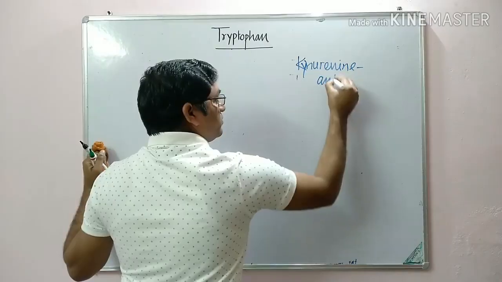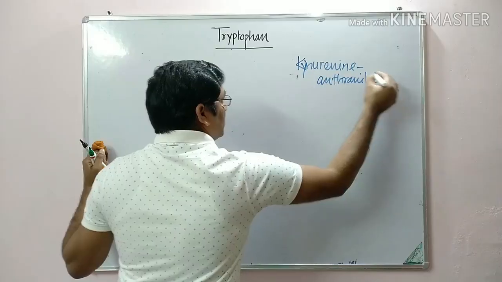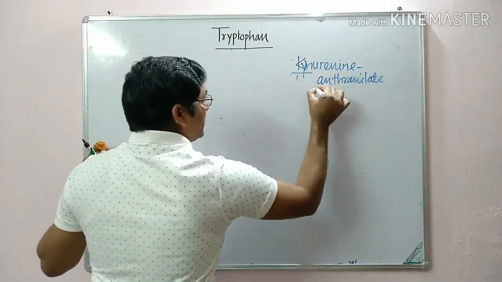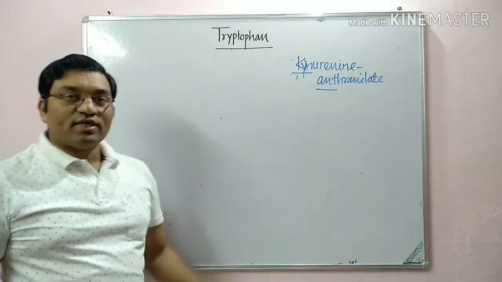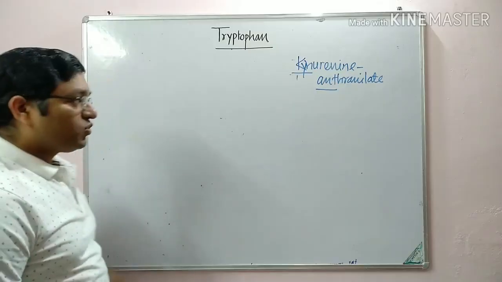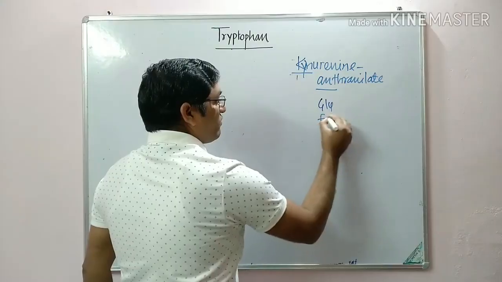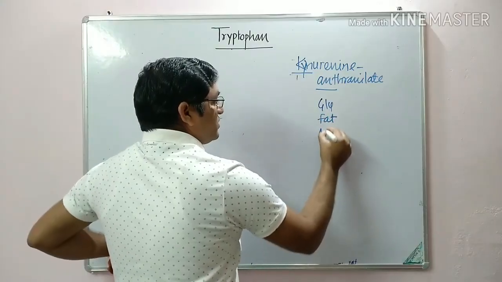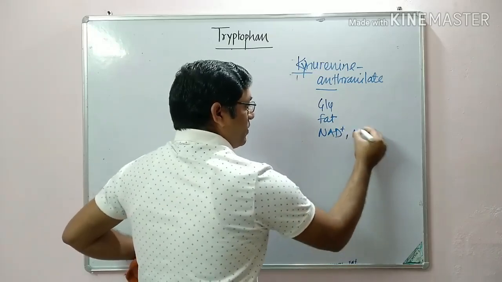In this pathway, kynurenine and anthranilate are the intermediates. That's why it is known as the kynurenine anthranilate pathway. And through this pathway, there is formation of glucose, formation of fat, and synthesis of NAD and NADP.